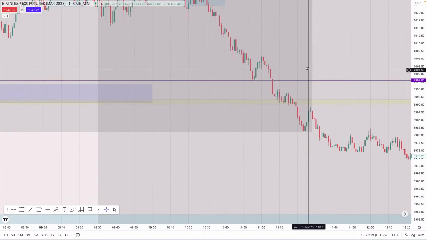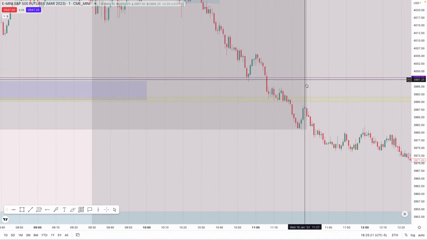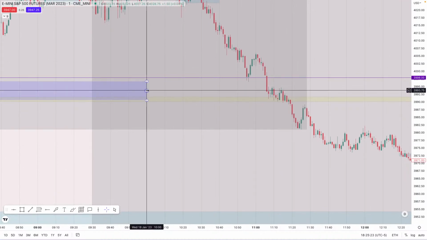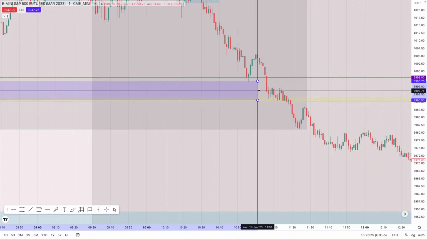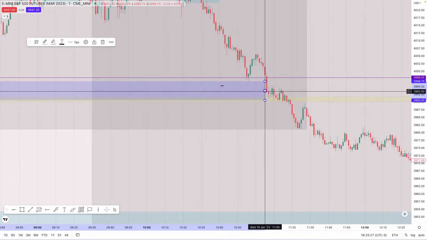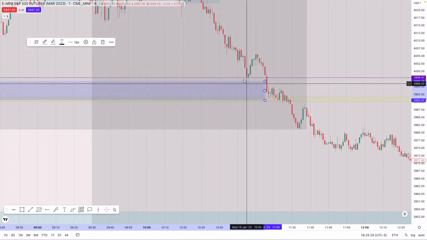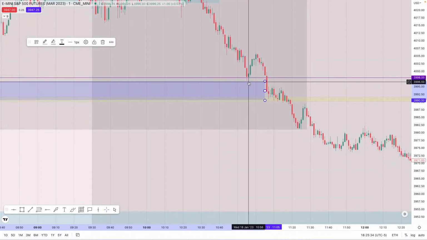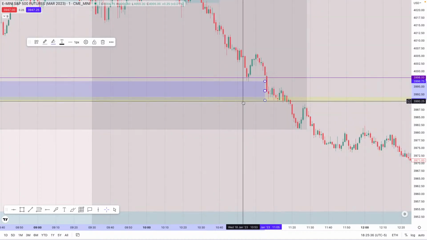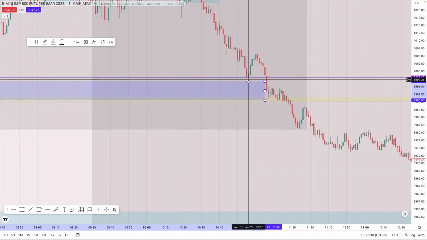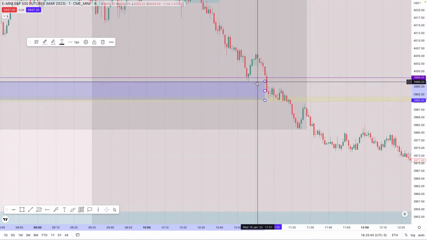Okay, so what do we want to look for when we start hitting these higher time frame points of interest? Notice how this gap again, what does it do? This is all designed to get people out of their positions because it knows where it wants to go already. So it hits this gap, and what does it do?